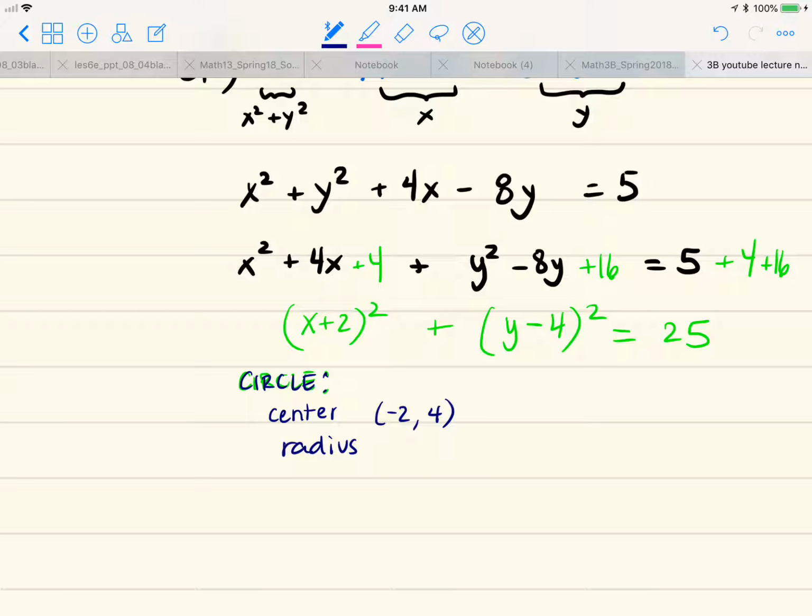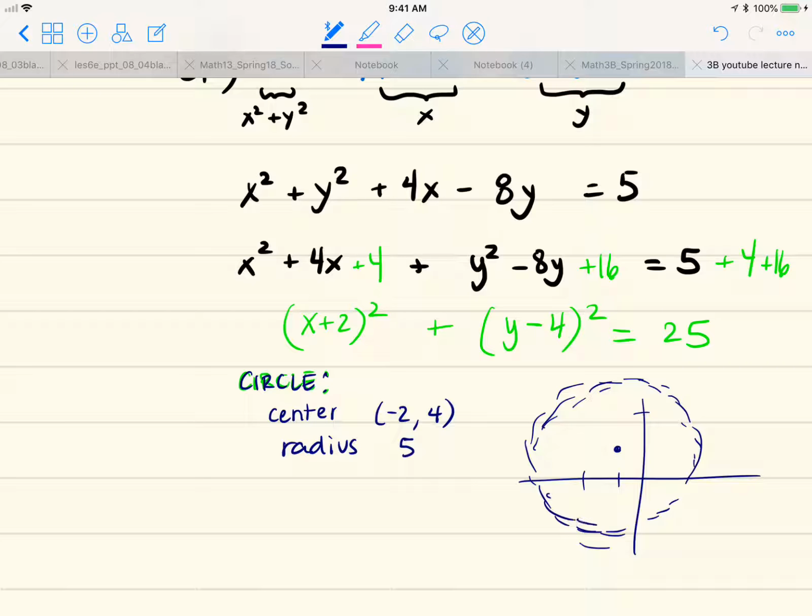The radius is going to be 5, right? So we go to negative 2, and then up to 4, and then go out 5. You get the picture.